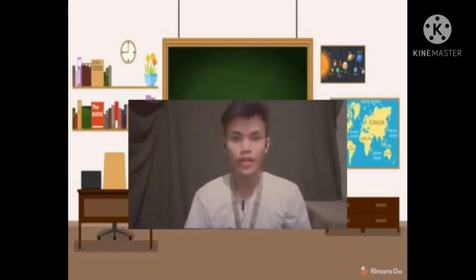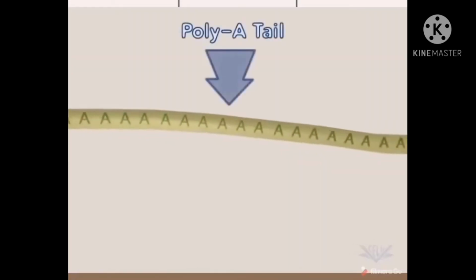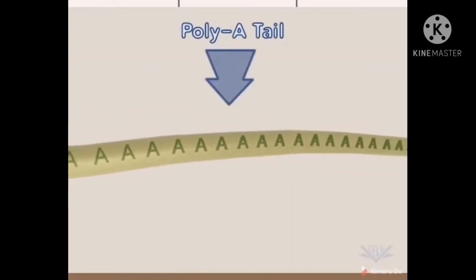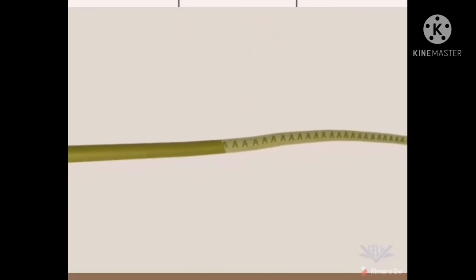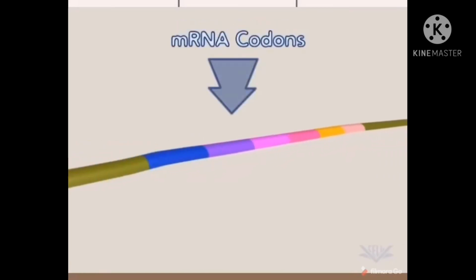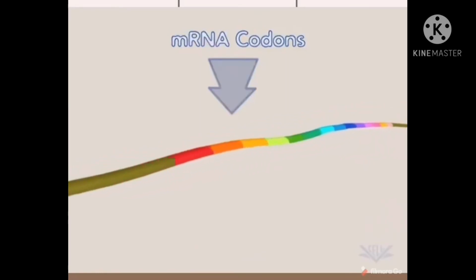Hi guys, after knowing the definition and information of DNA translation, now I'm going to explain the process and how DNA translates. First step, initiation. For translation to begin, the start codon 5'-AUG must be recognized.